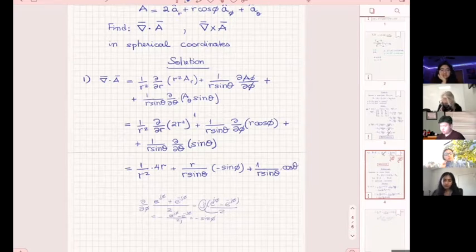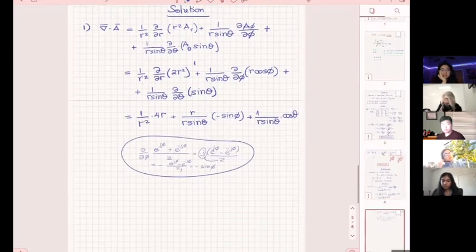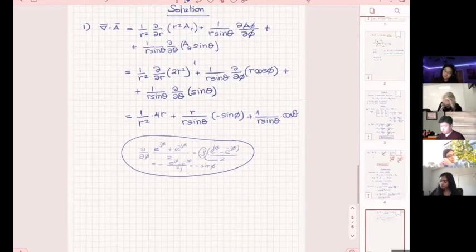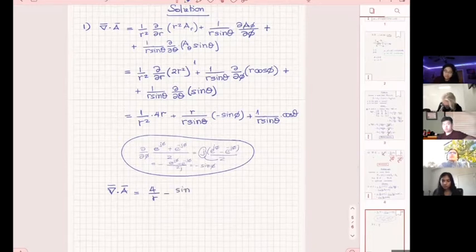So what we get from here, which is interesting, from the divergence of A, is 4 over r, minus sine phi over sine theta, plus 1 over r sine theta, and then here cosine theta.